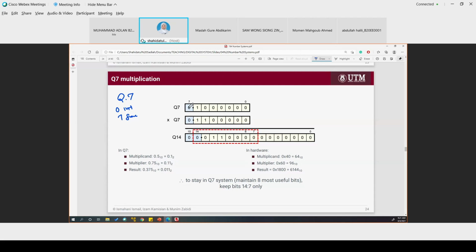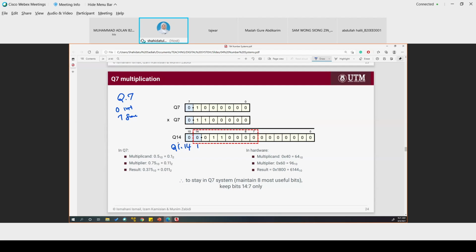So when you multiply Q7 with Q7, you will get Q1.14, one integer bit and then 14 fraction bits.